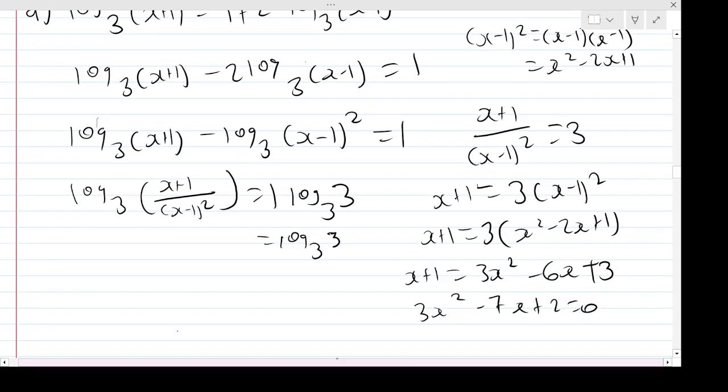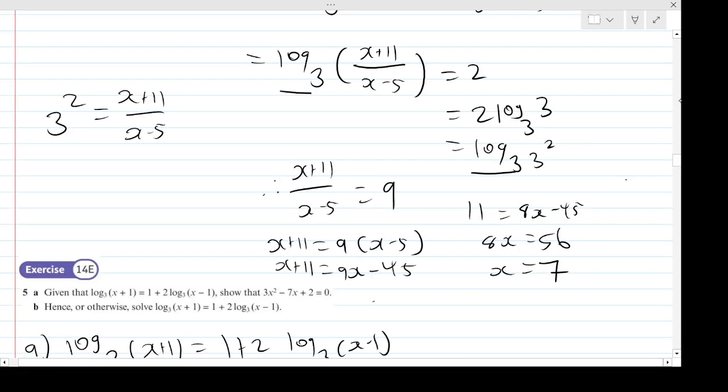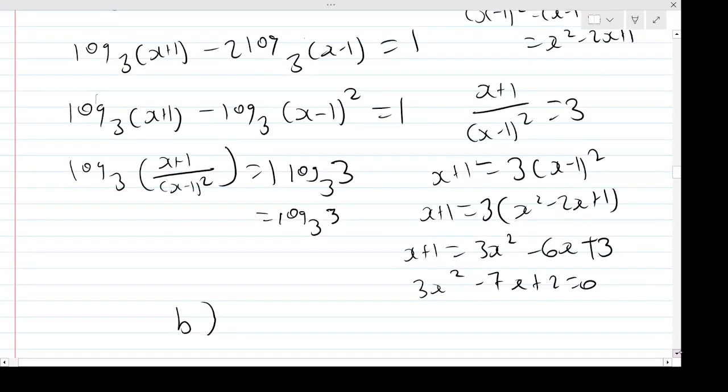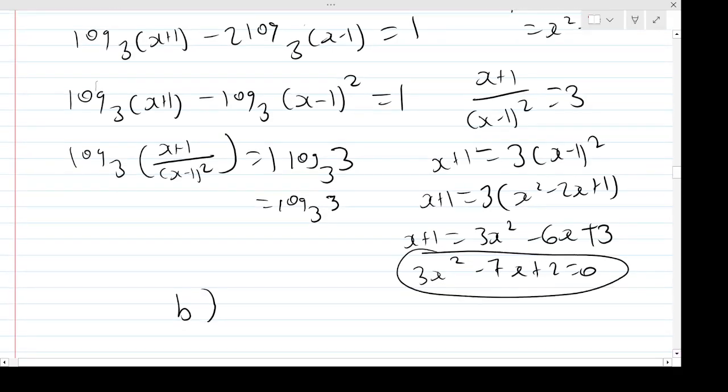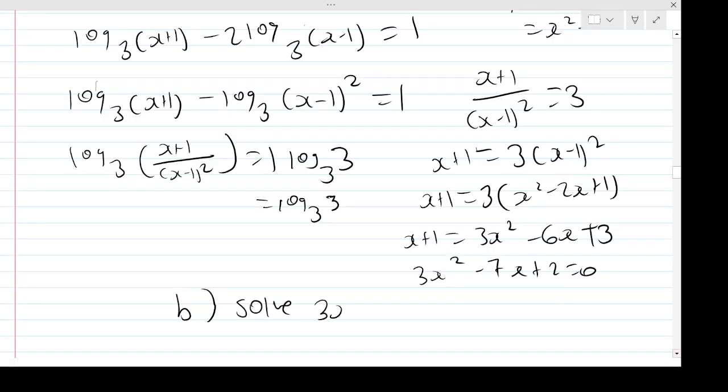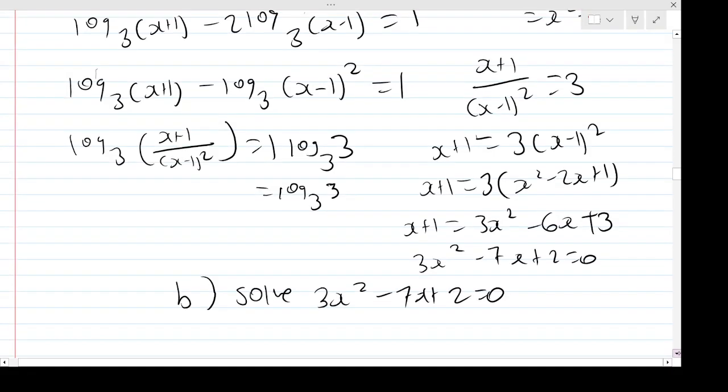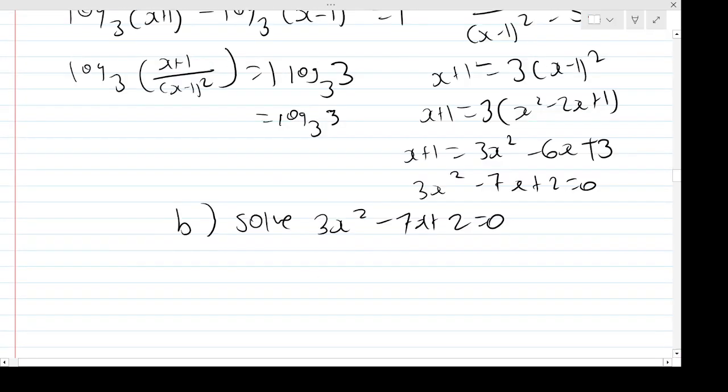Then part B says, hence or otherwise solve the log equation. Well, solving the log equation corresponds to solving the quadratic that we just got, right? So if I solve it, just to show my full working out, I can state the quadratic formula.